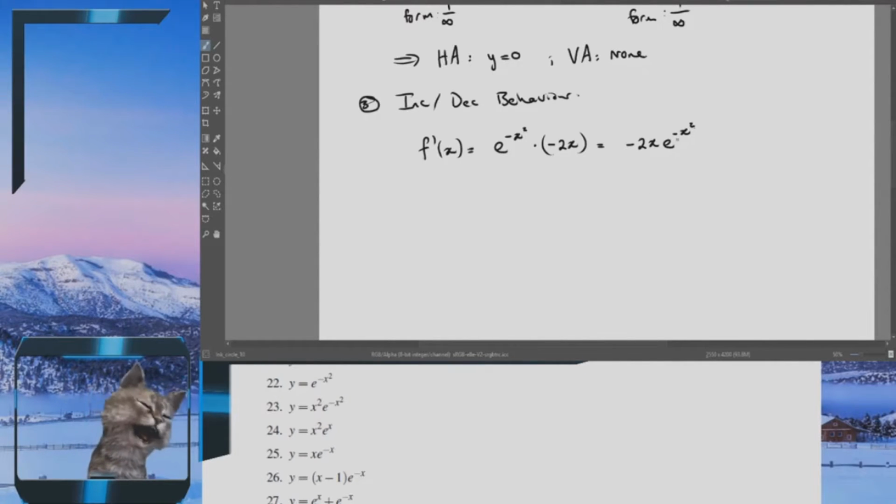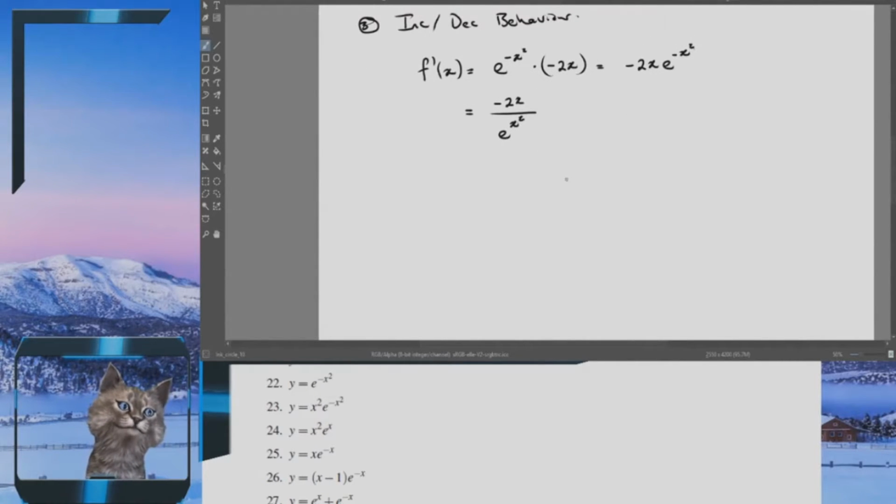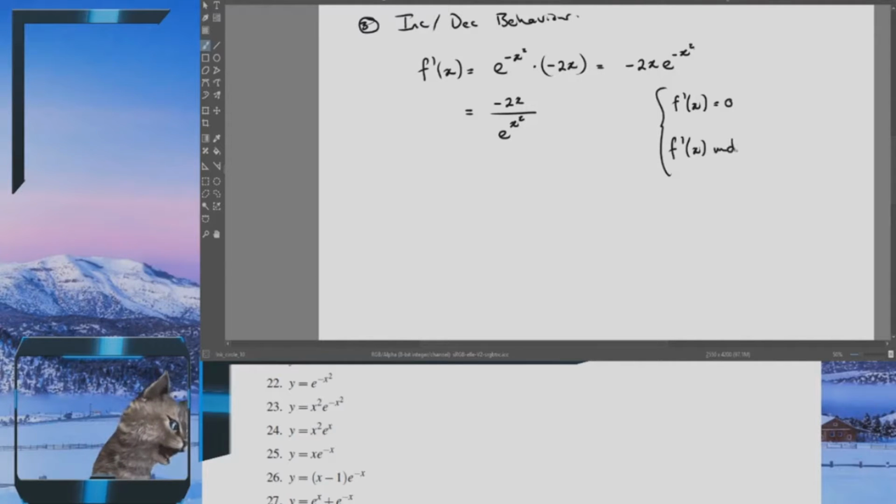Now again, I see I have a negative exponent, so it might be useful to see it in its fraction form. Not necessary, but it's helpful sometimes. Then my two checks require that I look at when the derivative is equal to 0, and when the derivative is undefined.